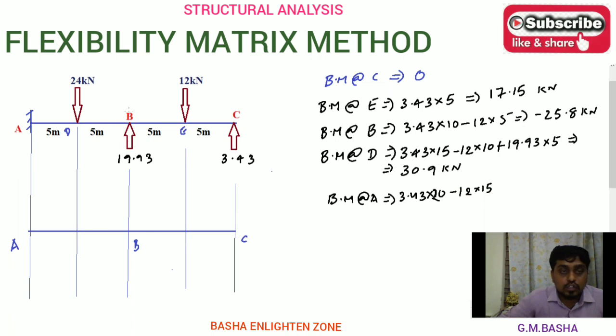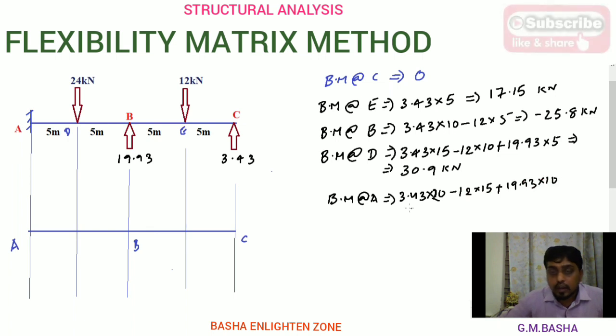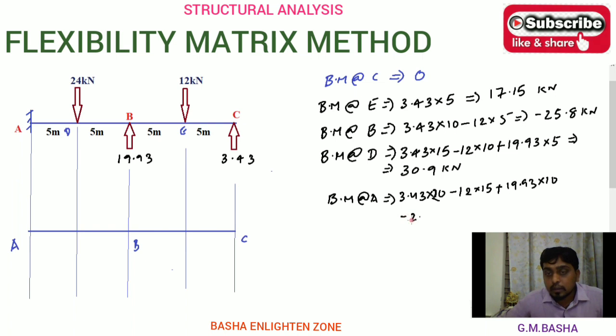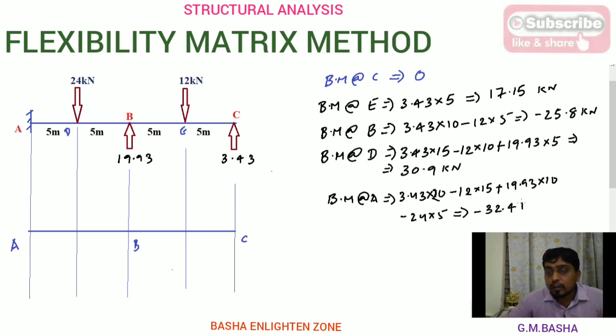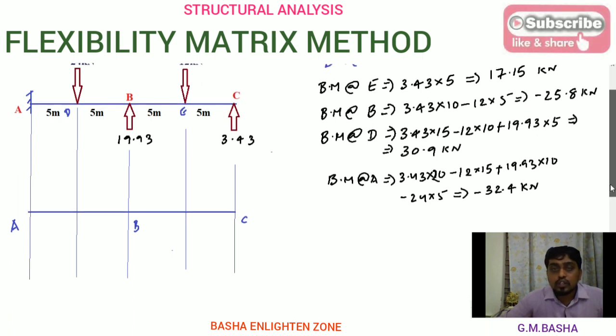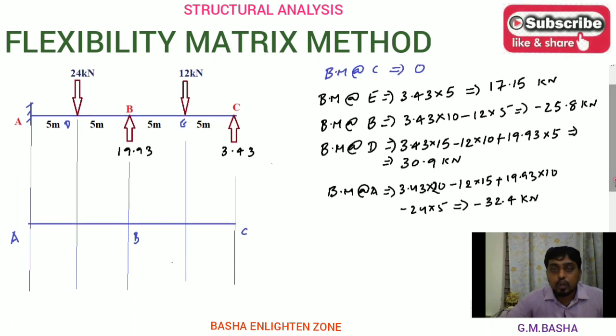Again this upward force 19.93 into 10. Again this downward force 24 into 5, minus 24 into 5. If you simplify all the values, directly you will get minus 32.4 kilonewton. So all these are the obtained values after simplifying. Step by step you add all these values.